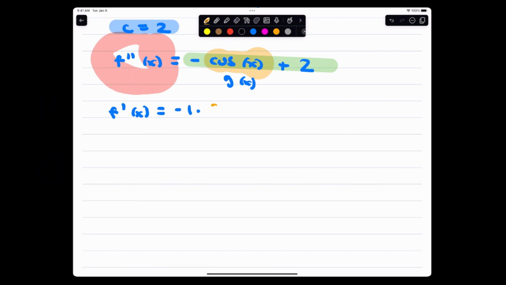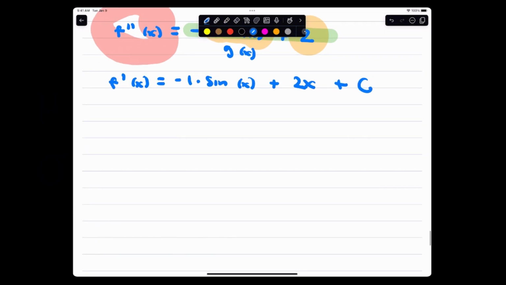Isn't that just sine? You guys see what I'm saying? I put that negative 1 constant there, and then the antiderivative of 2 would be what? It's going to be 2x, right? Because you got the constant there. So 2x plus your c.